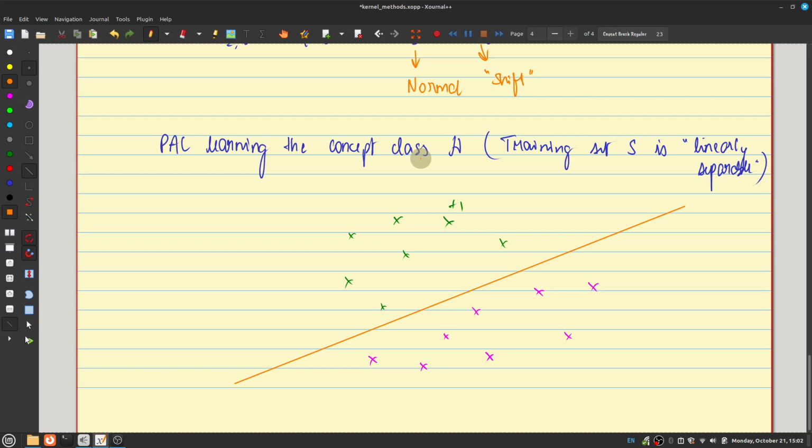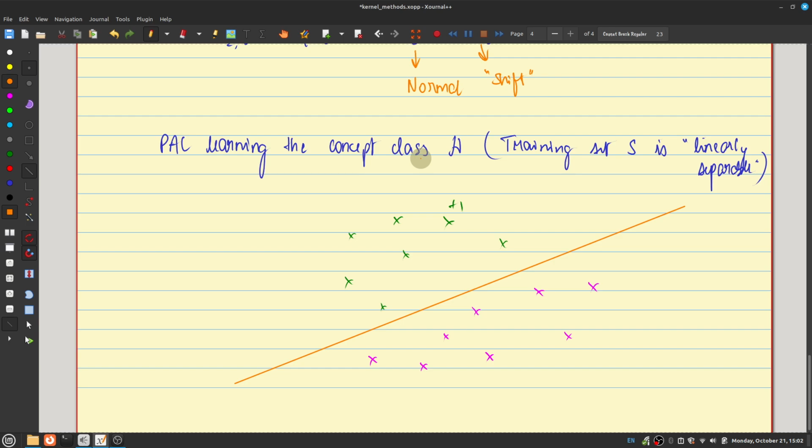Right? So right now we're just dealing with the realizable case. PAC learnability is a property of the hypothesis class, right?